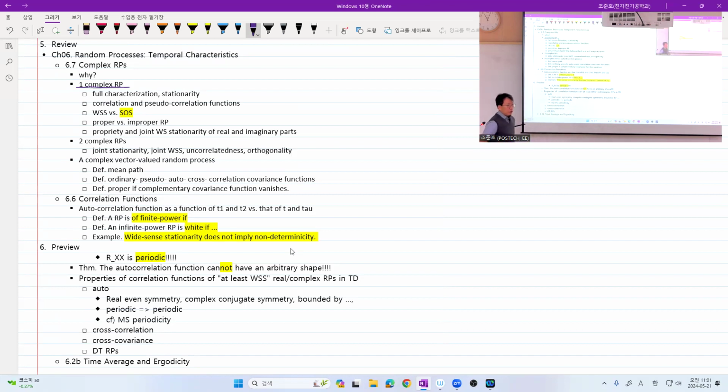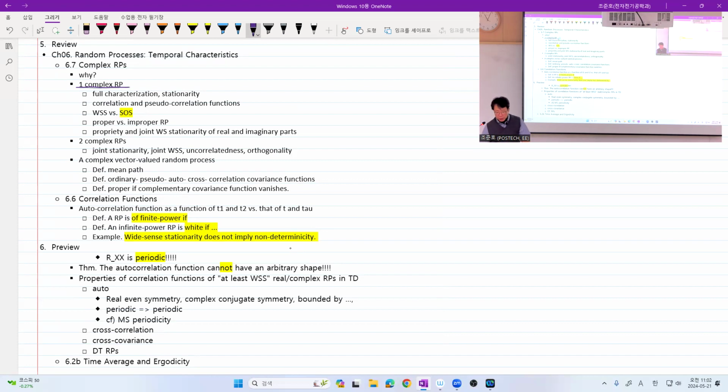And then if you can find any joint characteristic, joint PDF, PMF, CDF, or characteristic function of that random vector, you are done. So that is the idea of full characterization.